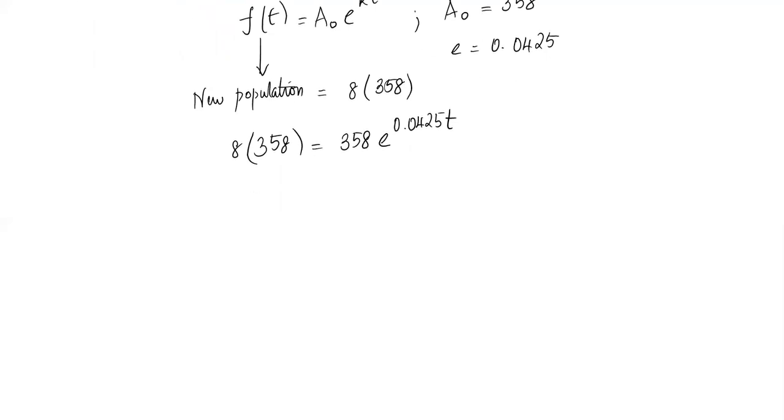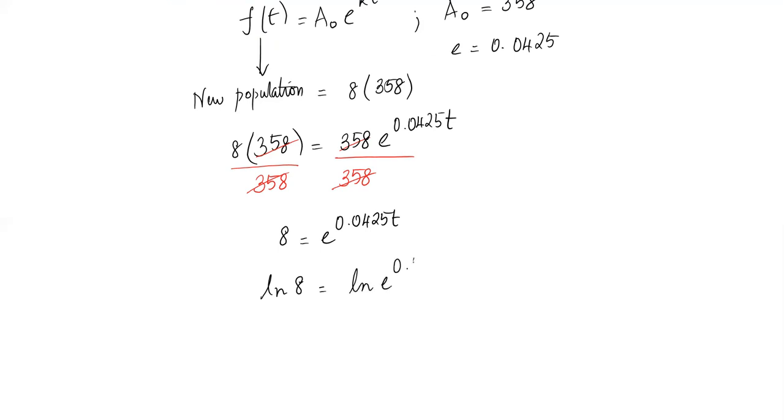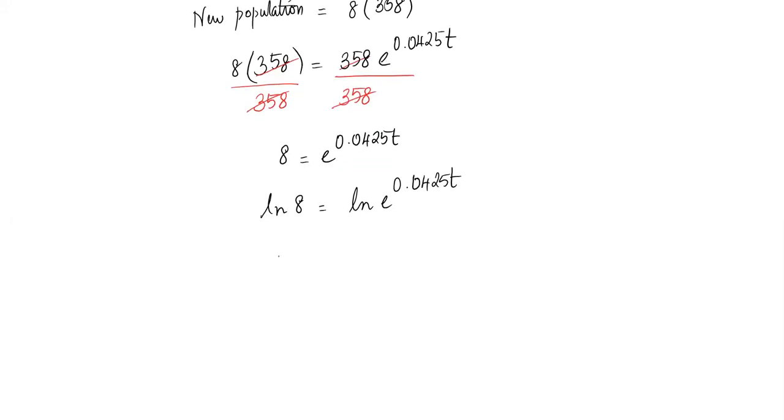And then go ahead, proceed with the simplification. And then apply ln. ln 8 is lne power 0.0425t. You bring the power down, and all that reduces to 0.0425t.